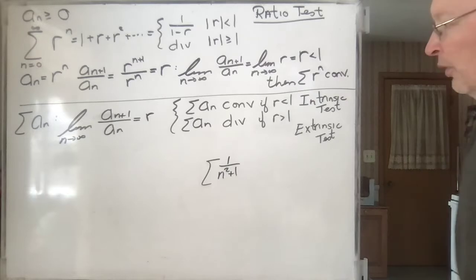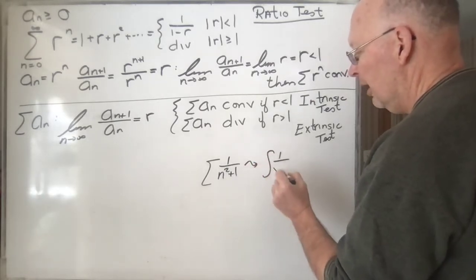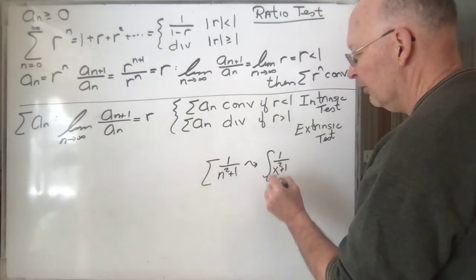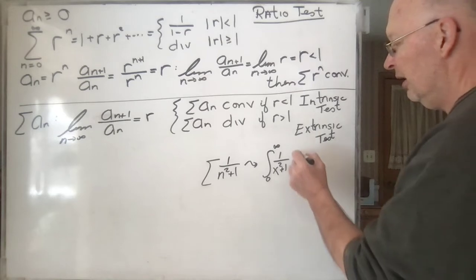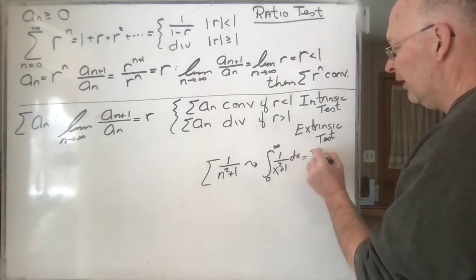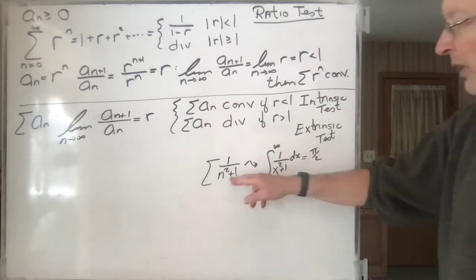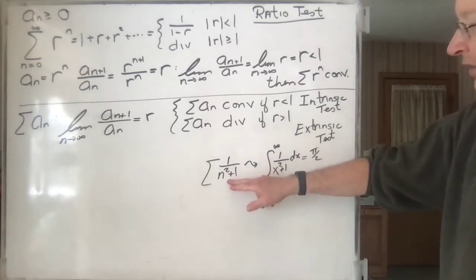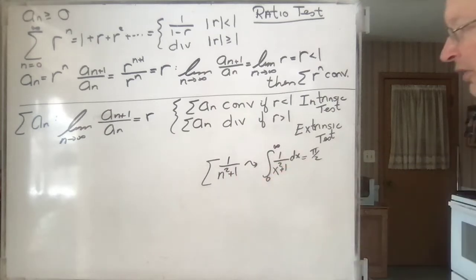Why do we know that it converges? Because we compare it with this integral, and we know that this integral converges by techniques of integration, and that it actually converges to pi over 2. That's your arctangent. And so since this thing converges, we can compare the area underneath these rectangles with this area, and we say that this thing converges.